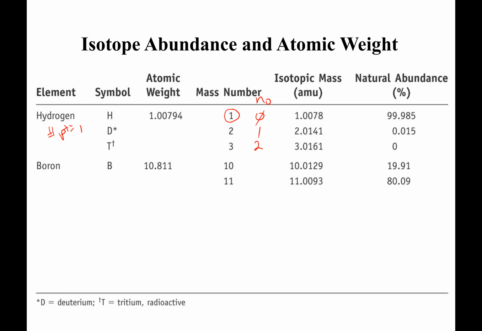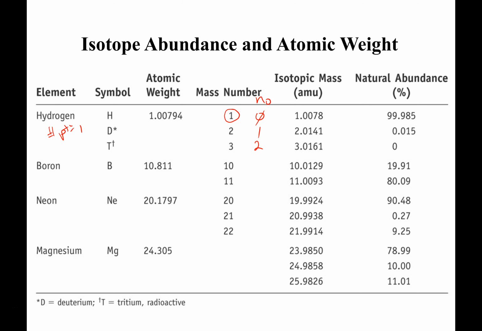We looked at boron a little bit ago, the 2 isotopic forms of boron, boron 10 and boron 11. We have neon 20, 21, 22, and the relative abundances over here. Magnesium 24, 25, 26. Again, these are the mass numbers. So we could take the mass number, subtract the atomic number, or protons, to get the number of neutrons in each one of these cases.